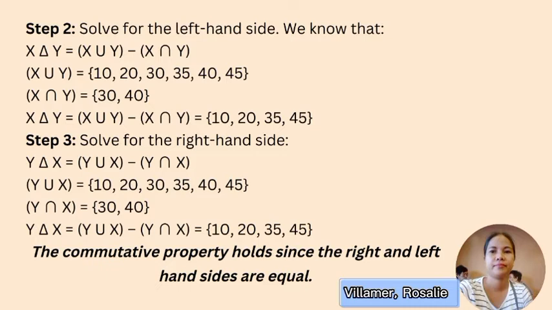And in step 3, we need to solve for the right-hand side. The symmetric difference of Y with respect to X is equal to the union of Y and X minus the intersection of Y and X. The union of Y and X is equal to the set of elements 10, 20, 30, 35, 40, and 45, while the intersection of Y and X is equal to 30 and 40.